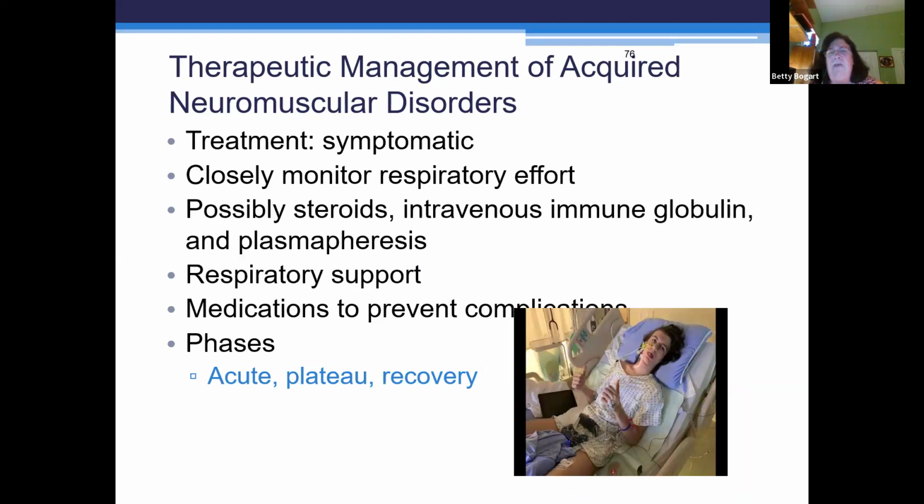Treatment: IVIG, maybe steroids will help with it. And of course, plasmapheresis is just removing stuff from the body, the blood, that could maybe be affecting it. They're not really sure. And then respiratory.